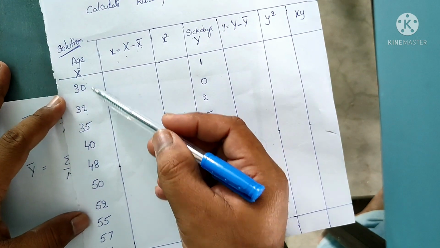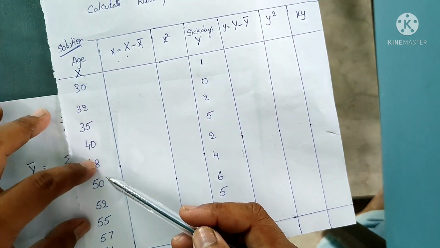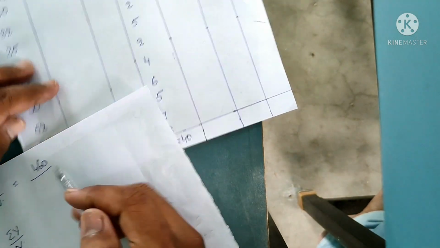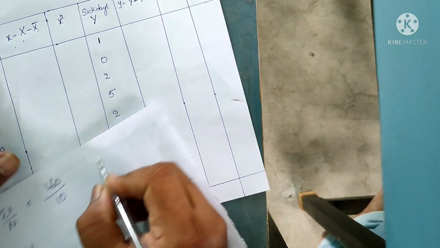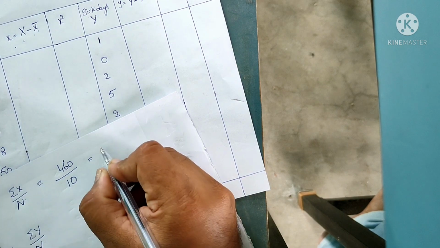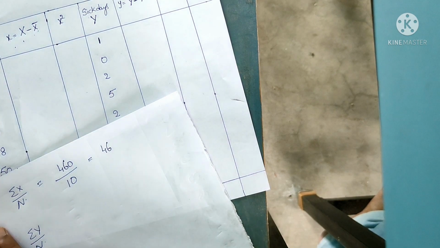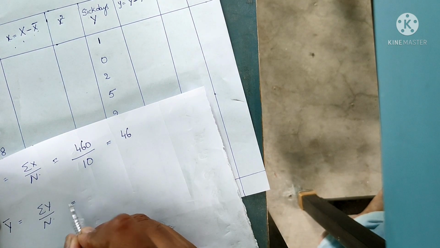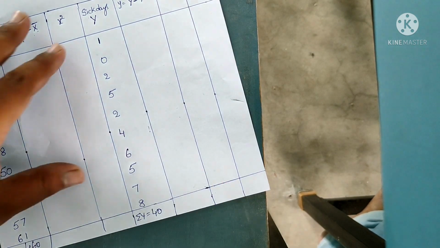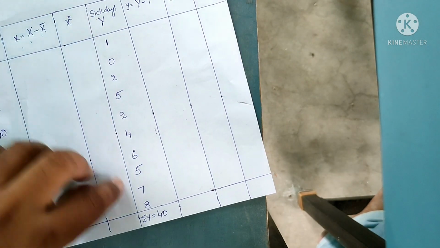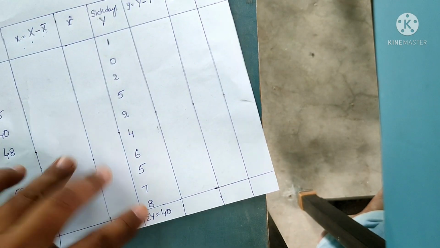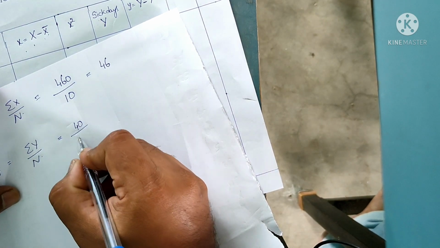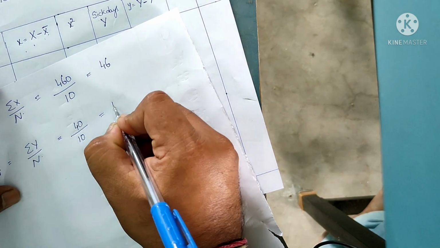How many observations are there in total? 1, 2, 3, 4, 5, 6, 7, 8, 9, 10. So n equals 10. 460 divided by 10 equals 46, so x bar equals 46. At the same time y bar equals sigma y by n, the summation of all the y values. Sigma y equals 40, so 40 divided by 10 equals 4.